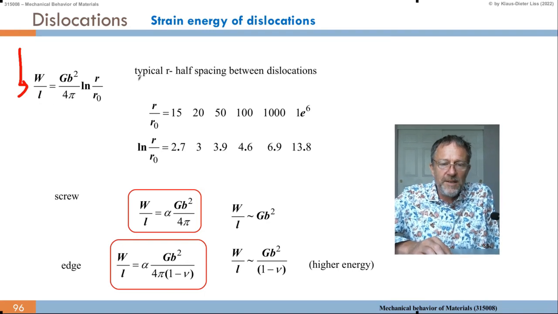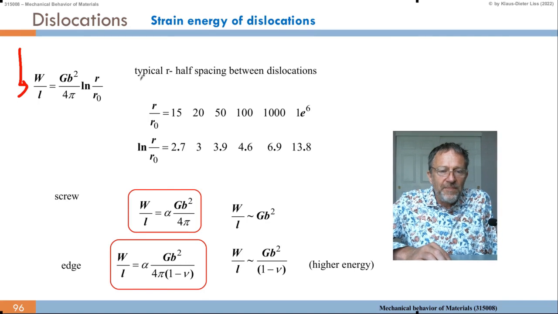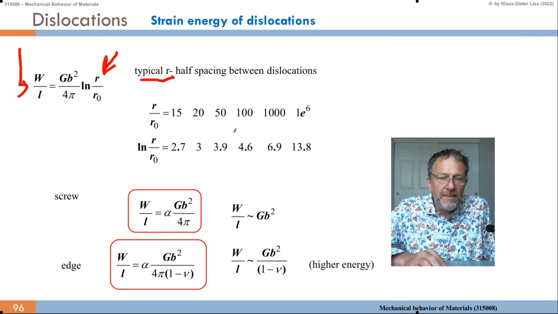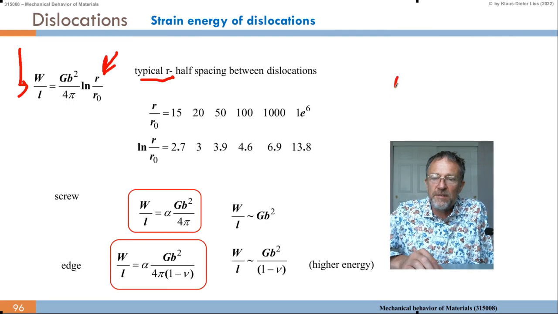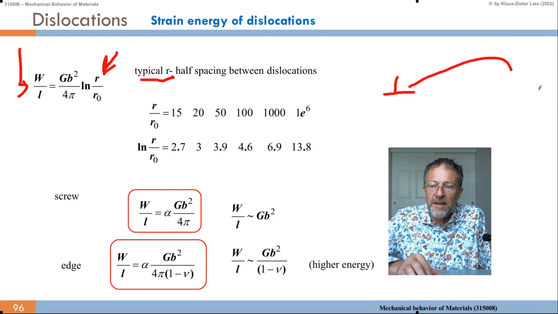For the typical R we put in here a half spacing between dislocations. So if there is one dislocation here, how far does the stress field go?